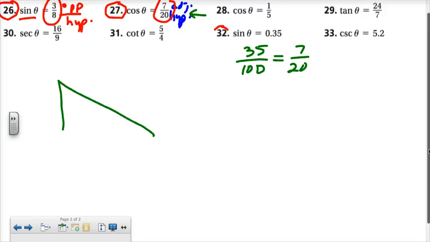So you certainly could do an educated cheat here and say, all right, there's my theta. This time it's sine, so opposite is 7 and hypotenuse is 20. But we already did the math for this. We had 20 squared minus 7 squared. We took the square root, took a 9 out of it, and went through that process and got what we needed.